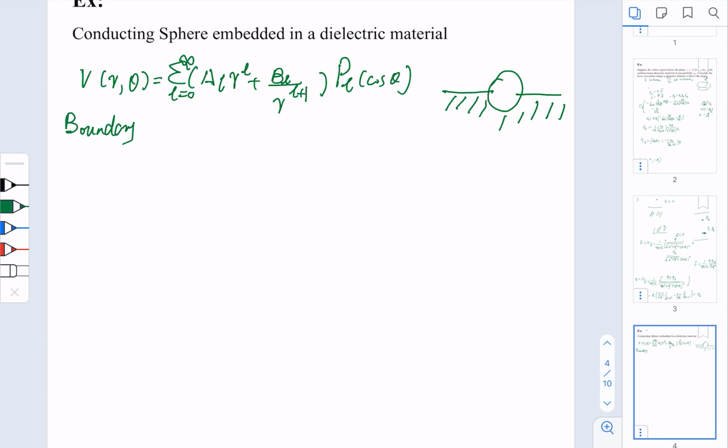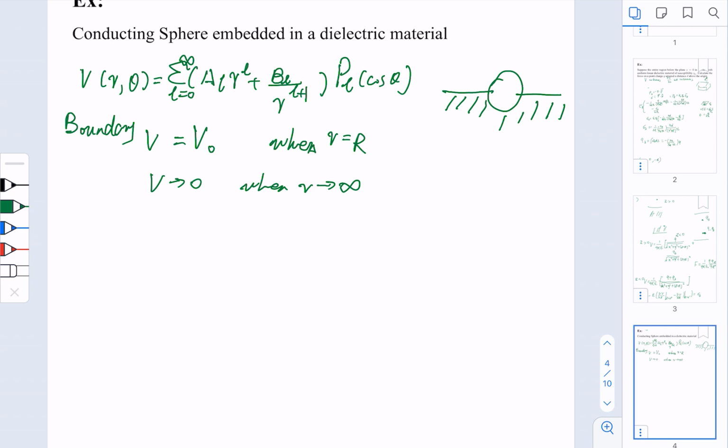Okay. So let's check the boundary conditions. At r equals R, this problem is slightly different compared to the problem before that.